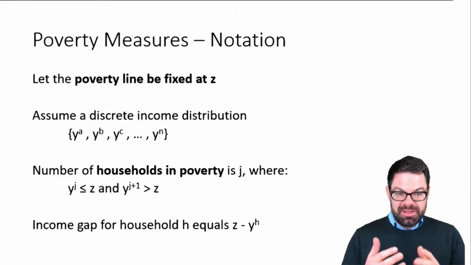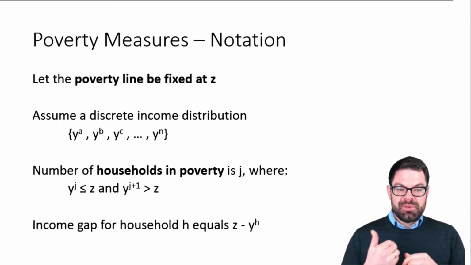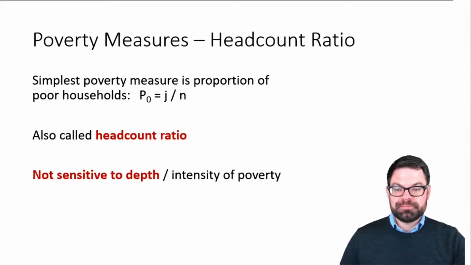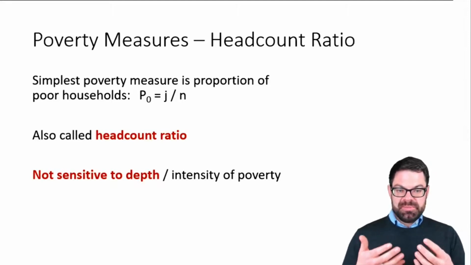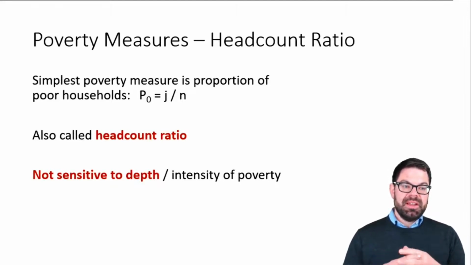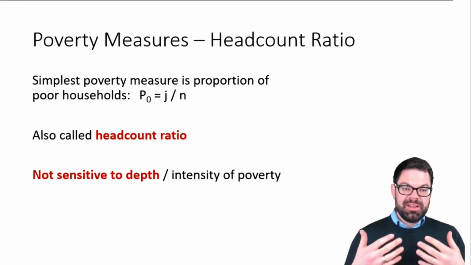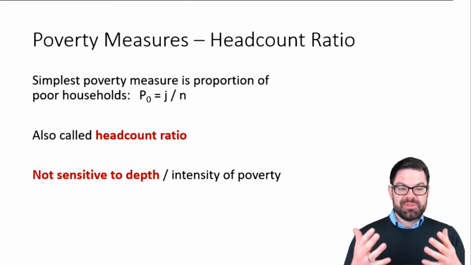And another important statistic that we generate for every household is the so-called income gap, which tells us how far away from the poverty line that household is. And so the first measure is one I already mentioned and is often referred to as the headcount ratio, which simply tells us the proportion of people in a society that are below the poverty line, or the proportion of households. So that's called the headcount ratio.